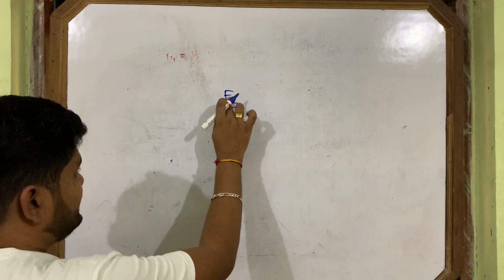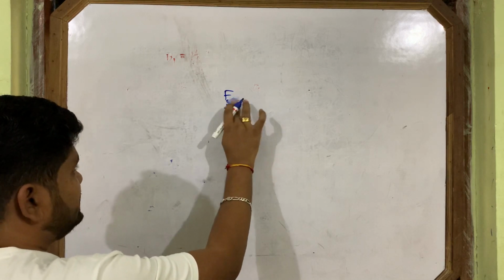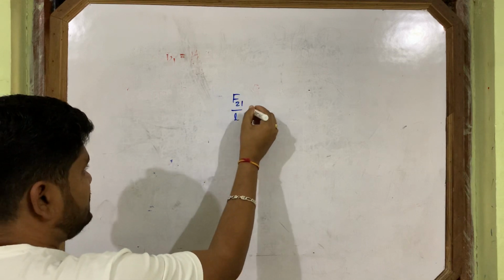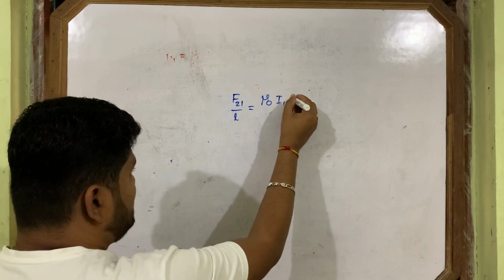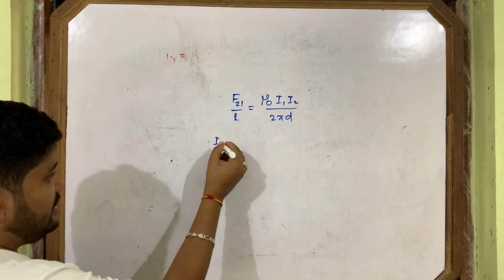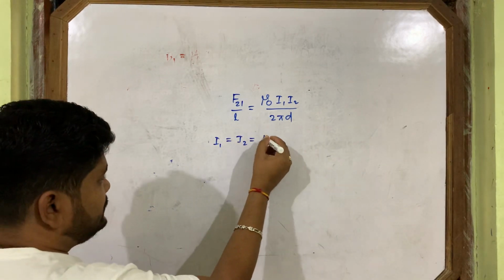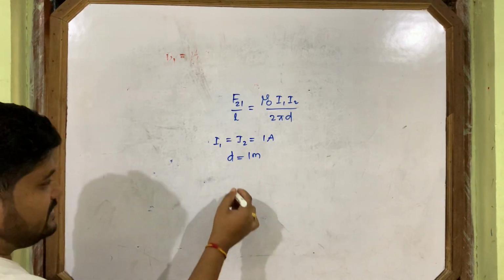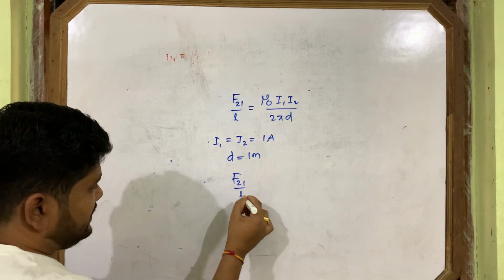F12 by L or F21 by L, that doesn't matter. F21 by L equals mu naught I1 I2 by 2 pi d. If I1 is equal to I2 is equal to 1 ampere, d is 1 meter, then what is F21 by L?